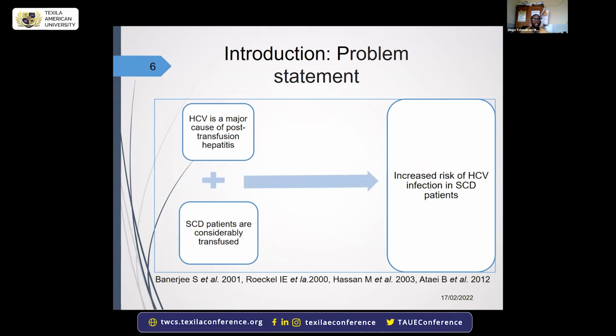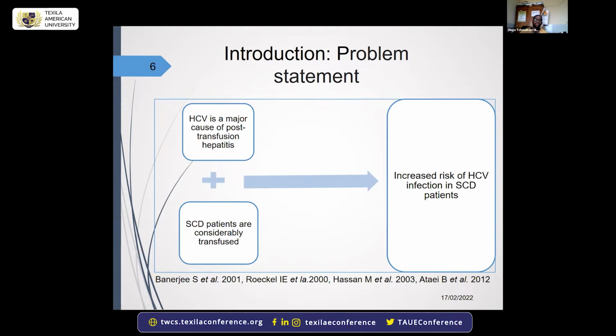Hepatitis C is a major cause of post-transfusion hepatitis, and sickle cell disease patients are considerably transfused throughout their life. Associating these two, patients living with sickle cell disease have an increased risk of hepatitis C infection.